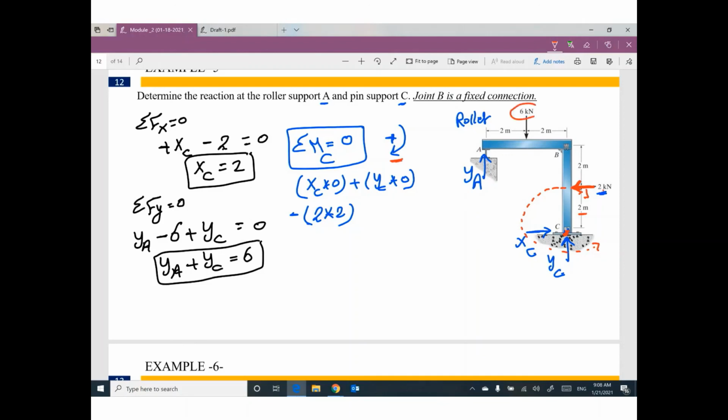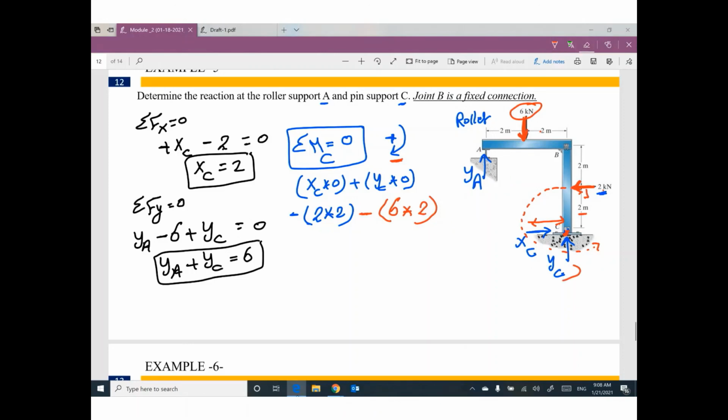What else? This 6 times what? What is the distance between this force and point C? This force is vertical, so your distance will be horizontal. Your distance will be 2. Negative also, because the rotation direction is counterclockwise. What else?